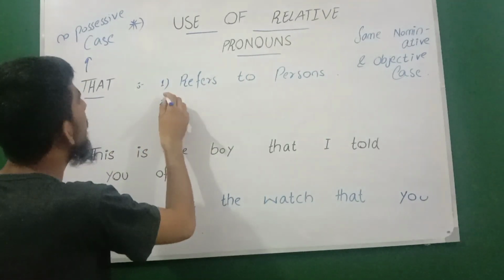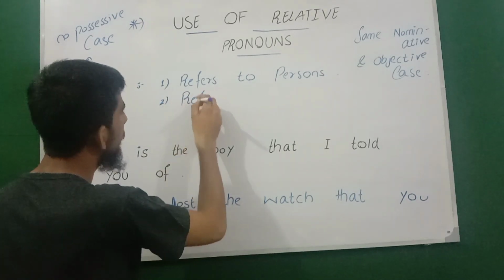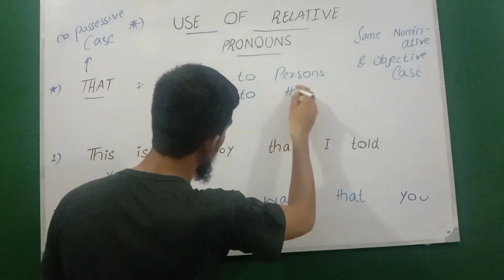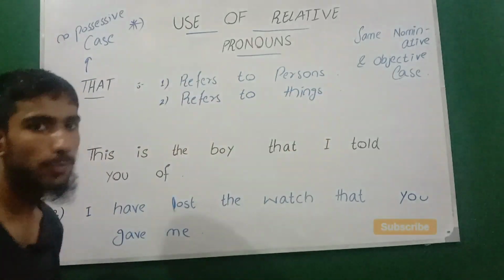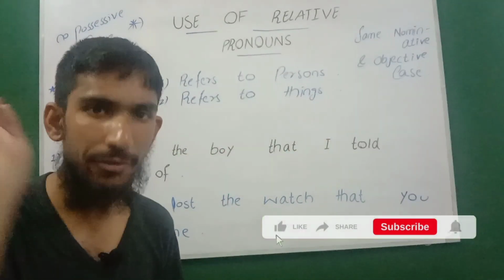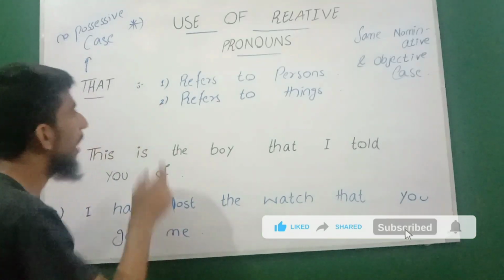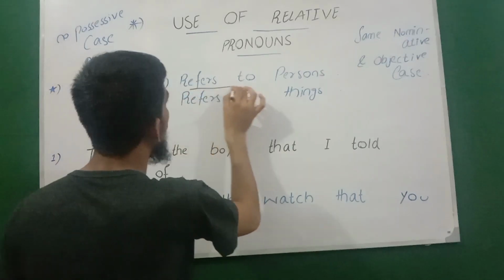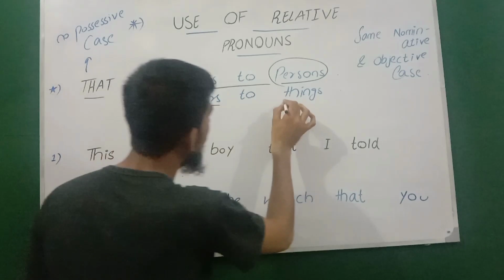And the second usage of the relative pronoun "that" is that it also refers to things. So these are the two usages of the relative pronoun "that" mentioned and written by the native writers in their book. The first usage is that it refers to persons. This is very important. And it also refers to things.